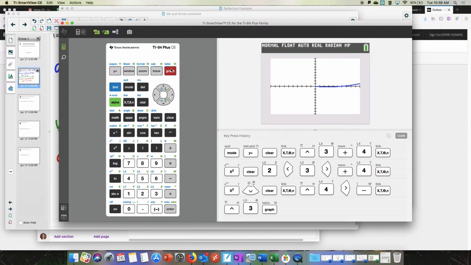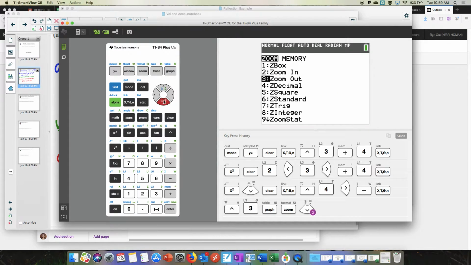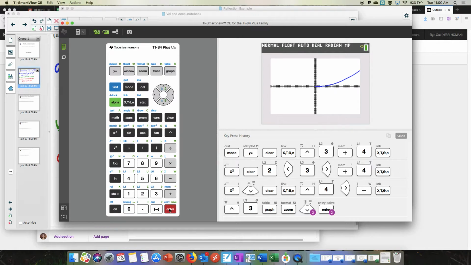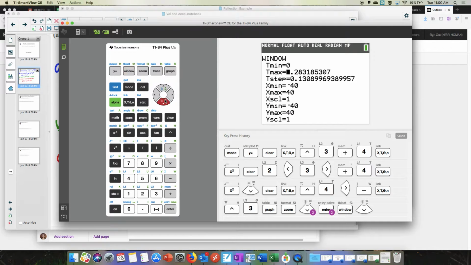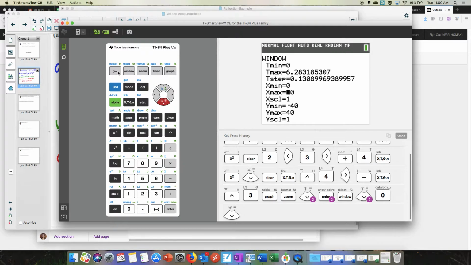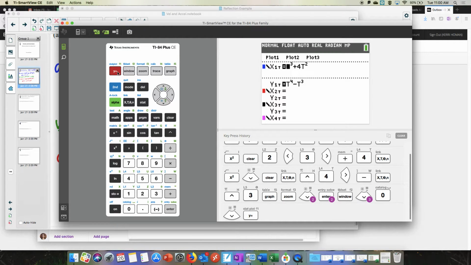What zoom do you want us to do? Zoom 0. Well, if this is describing motion, we want to start when t is 0. That would be the most important thing. That's a cube. Okay.